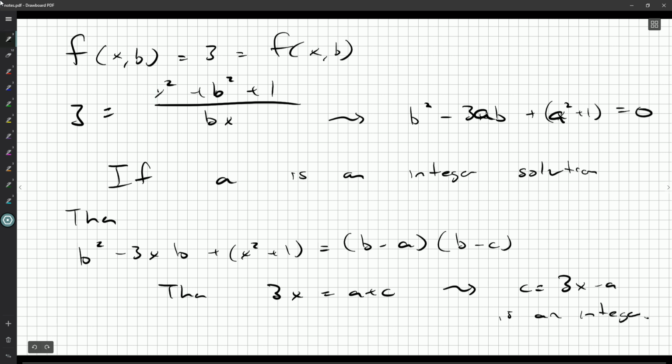I should treat this more like, so x should have been actually my variable for my quadratic all along. A is a solution, so we get 3bx, and we get x minus a, x minus c. And so my new solution c should be 3b minus a.